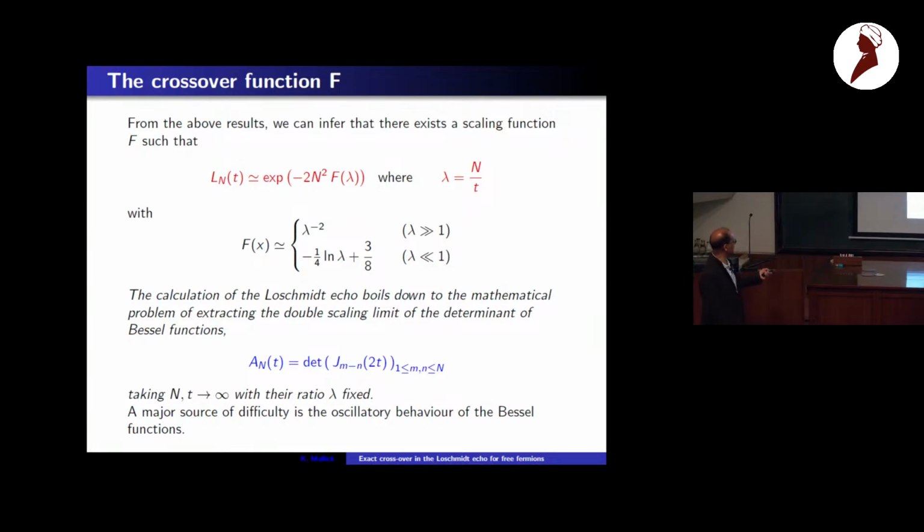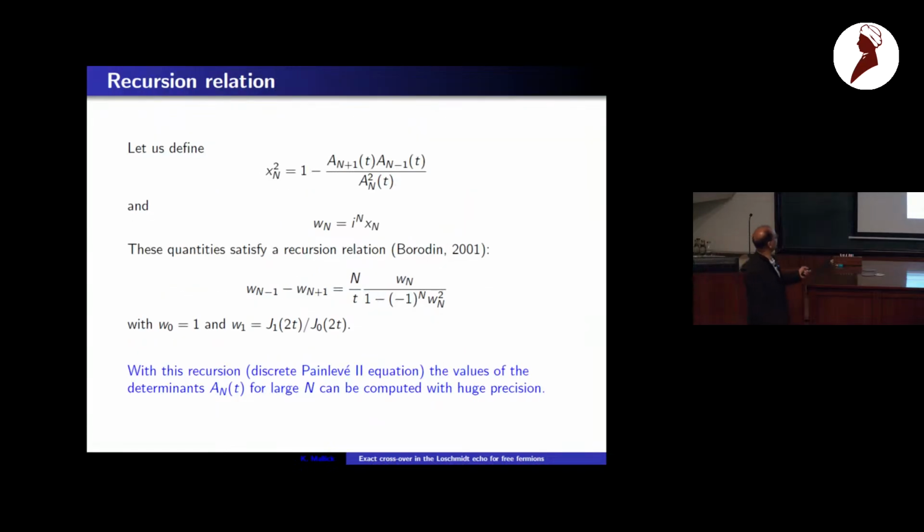So for this determinant, which I call a_n, I define x_n squared by this ratio. You see it's a kind of logarithmic derivative: a_{n+1} a_{n-1} over a_n squared. This thing goes to 1, so if I subtract 1 and call this x_n squared, and then call w_n essentially the square root with an i to the power n, this w_n satisfies a very cute recursion relation, with initial conditions which are given by the J's.